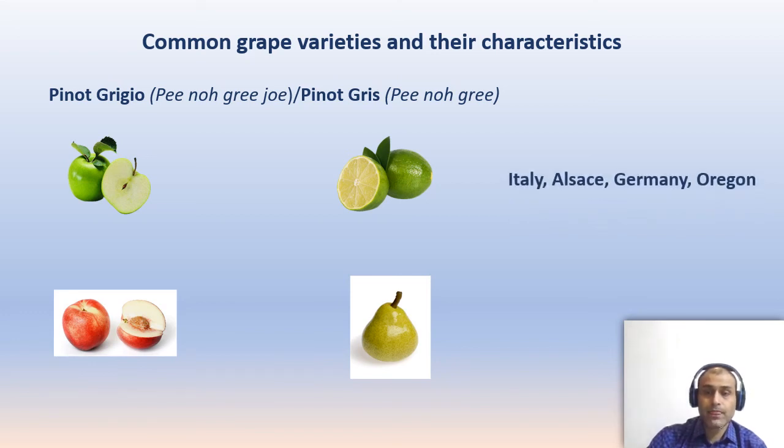Common regions would be Italy, of course, Alsace in France, then Germany, and the New World region of Oregon has sort of come up in the last few years, and it's proving to be very good as far as the quality of Pinot Grigio is concerned. So that was Chardonnay, Sauvignon Blanc, and Pinot Grigio, your three very common white grapes. We will move on to red grapes now.